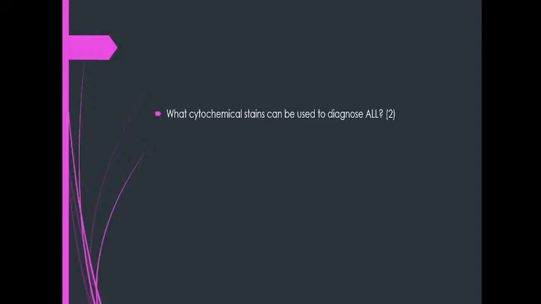This is PAS and TdT. PAS and TdT. And of course, the next question that you're going to expect is, what is TdT? Anybody know what's TdT? TdT is very important. It's one of the things that you need to remember when you go to the exams.